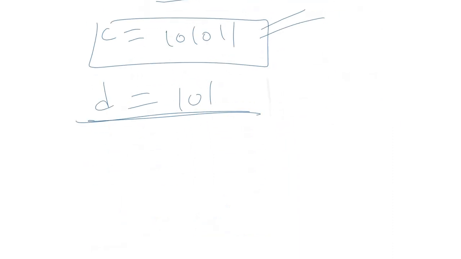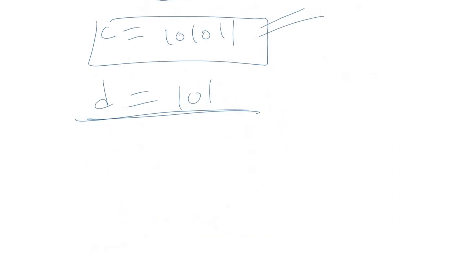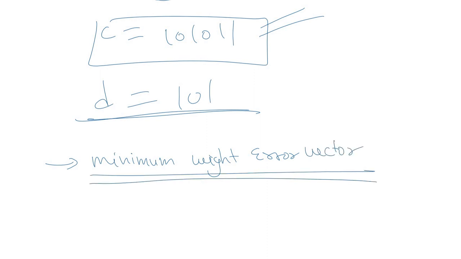Thus, an organized or systematic way to find out the error vector or the error word is to look for the error vector with minimum weight, the minimum weight error vector. It is the optimized or systematic way of finding the error or the data word corresponding to possible syndromes.